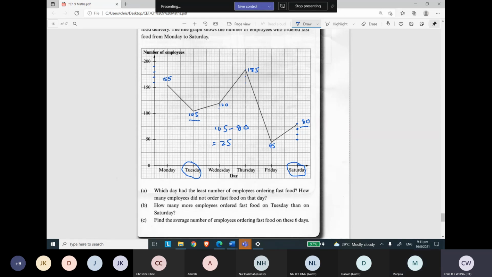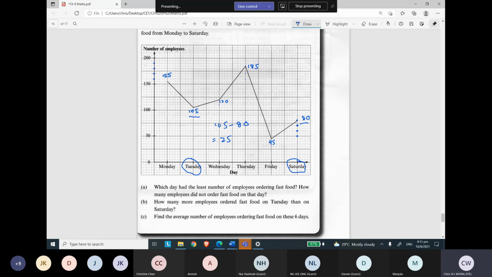This one is easy. Find the average number of employees who order fast food on the 6 days. So what do you do? Average. How do you get the average? Total, then divide by how many? Cannot divide by 200.